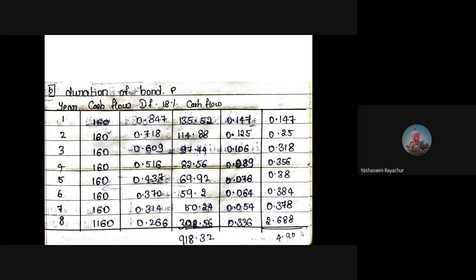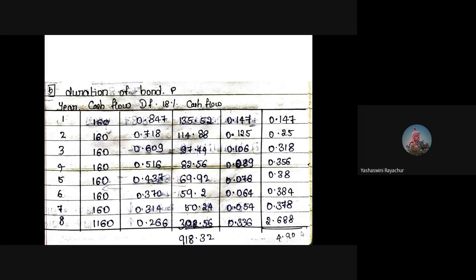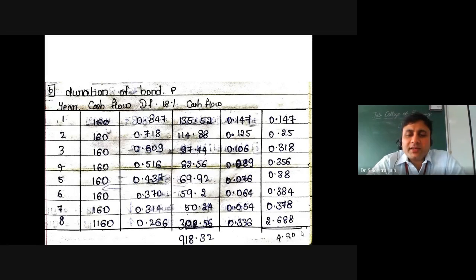Sir, the duration I got is 4.91. Yes, it is absolutely correct. If you have got it, then please go for modified duration or volatility of the bond. Calculate that.